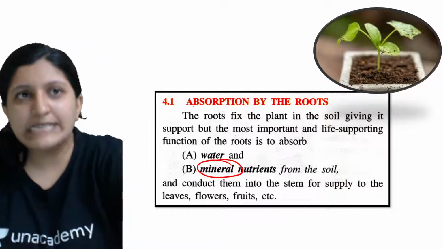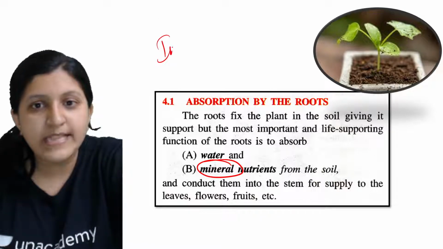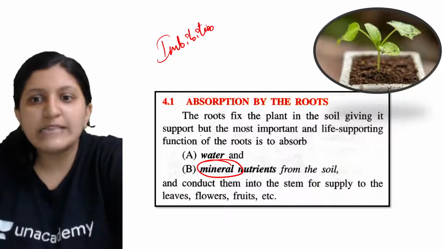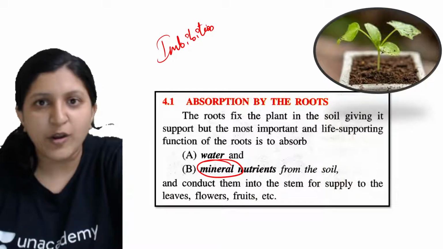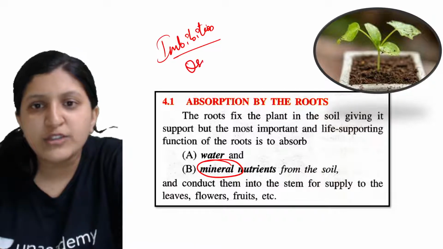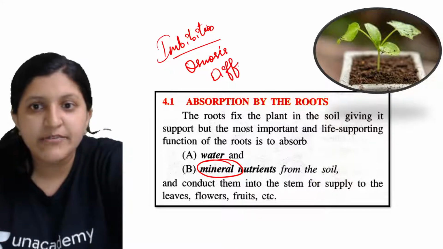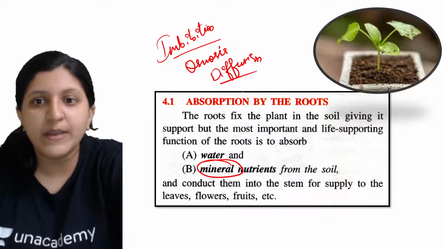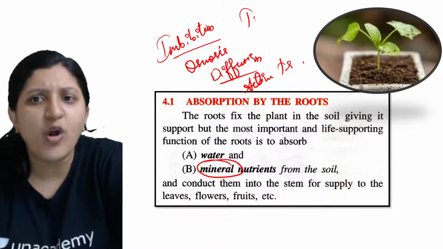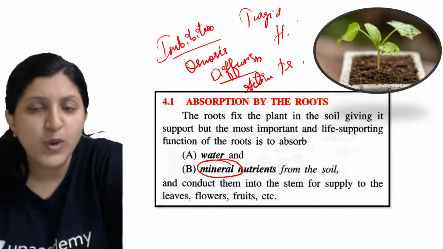Mainly in today's session I'll discuss terms like imbibition. I'm not discussing the characteristics of root hair and all. So there is osmosis, then diffusion, and active transport. Then there are terms called turgidity, flaccidity, and plasmolysis.